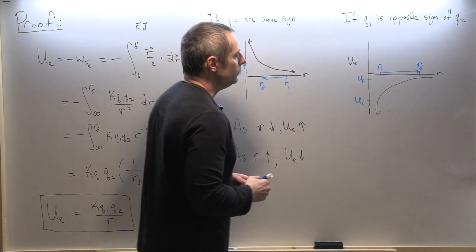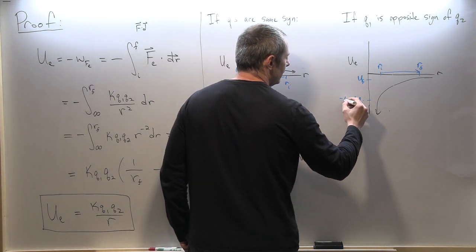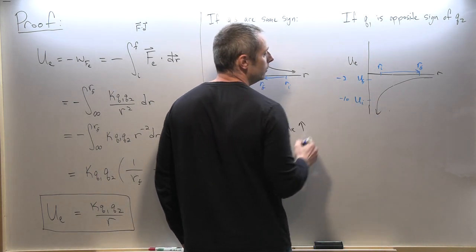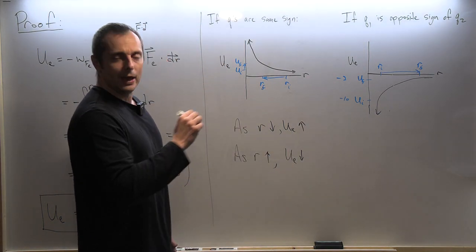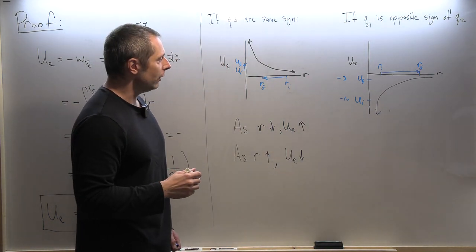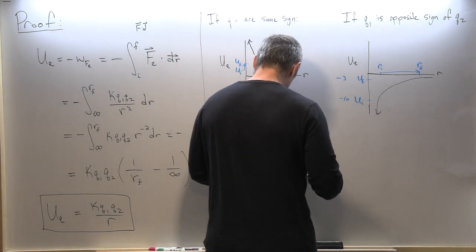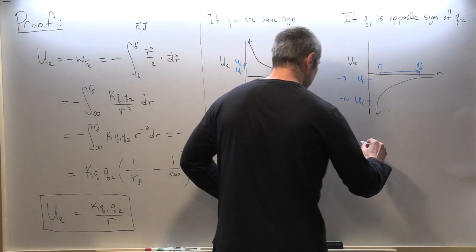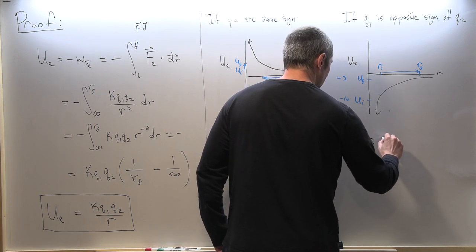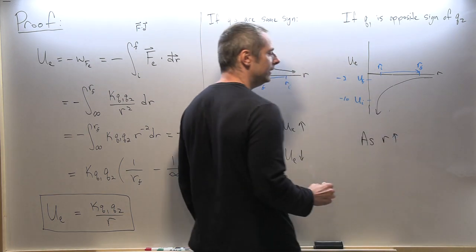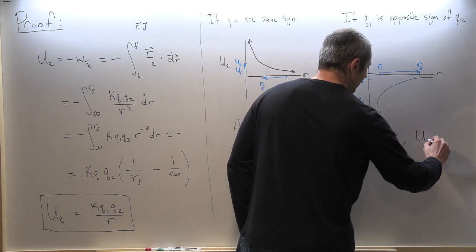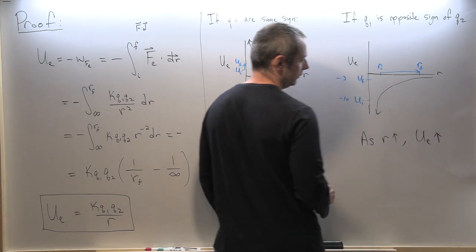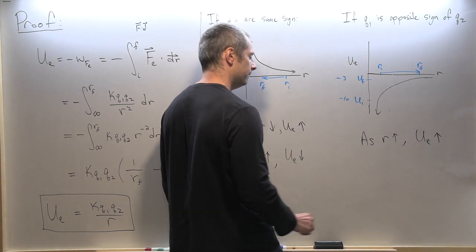So to give you some numbers, maybe this is like -10 and this is -2. That's an increase of +8. So yes, even when the charges are opposite, it works that as R increases, you're lifting the electron away from the proton, the potential energy also increases, as we could see.